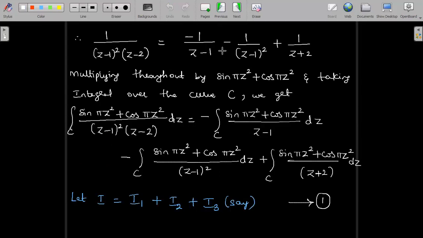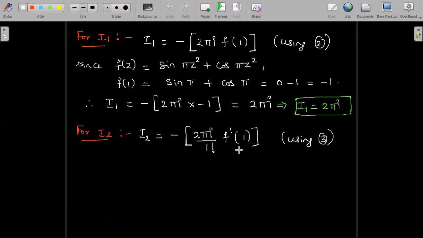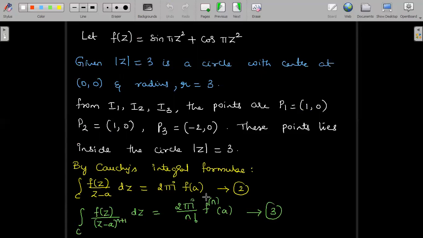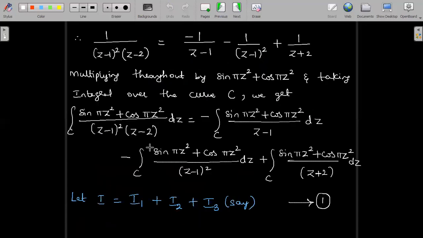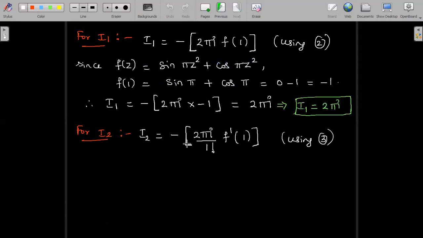If n plus 1 is equal to 2, then n is equal to 1. So that is why when I apply the right hand side formula of equation 3, it should be 2 pi I divided by 1 factorial into f dash of 1. N is 1, that is why single dash. A value is 1, that is why within the bracket 1. And the minus sign is because of I2. I2 has a negative sign outside. So that is the reason we have written minus sign outside.